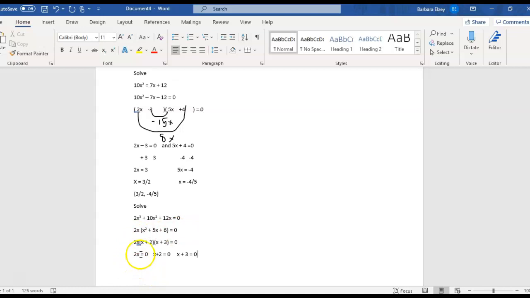If we divide by 2 to get x by itself, this first equation is just going to give us 0 over 2, which is still 0. And then the second equation, let's subtract 2 from both sides, and we will get x equals -2.